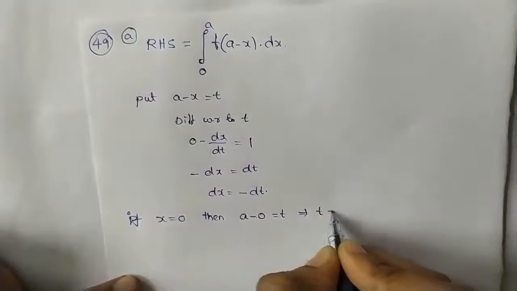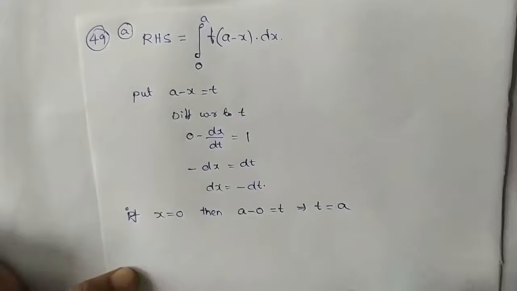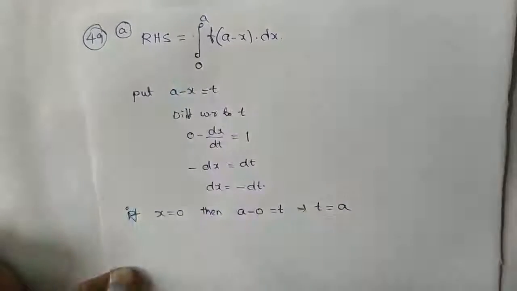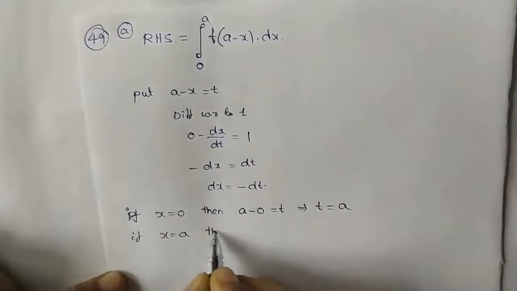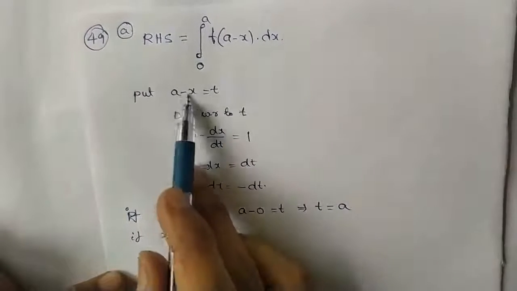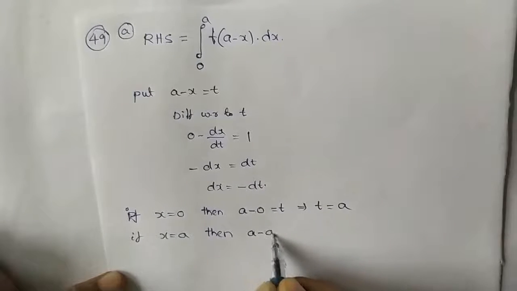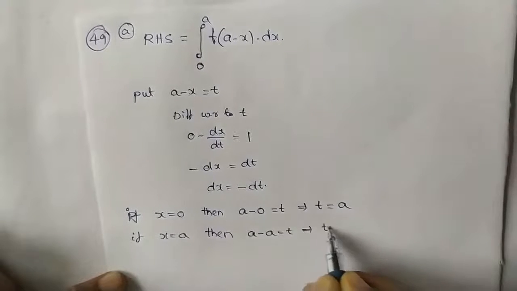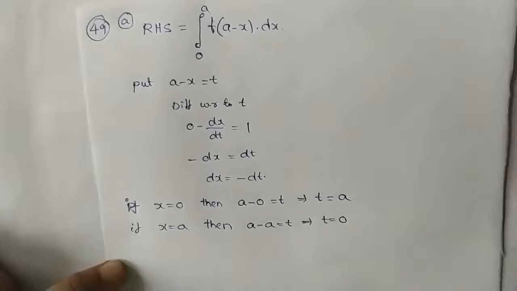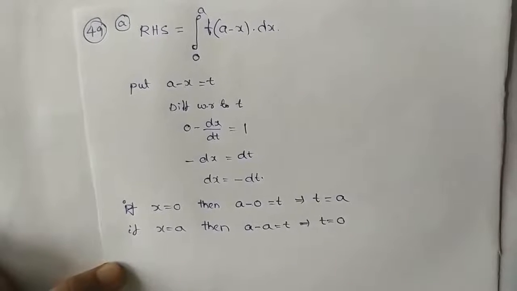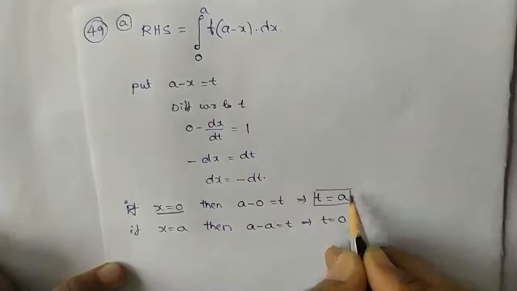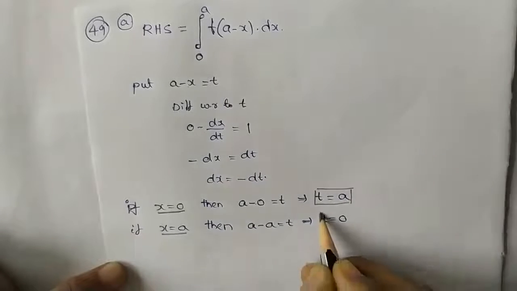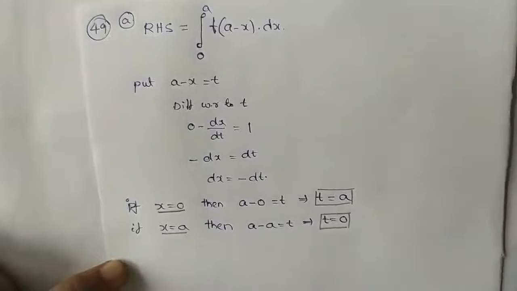Therefore t equals a. Next, if x equals a, then a minus a equals t. Therefore t equals 0. If x equals 0, t is a. If x equals a, then t is 0.